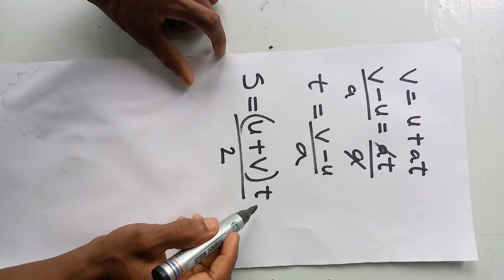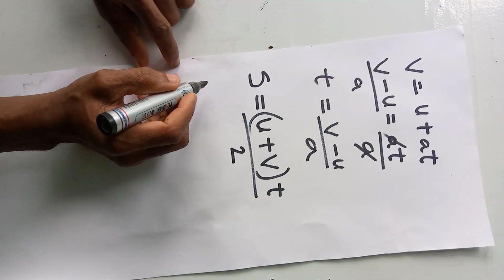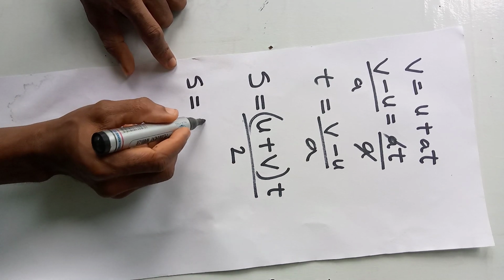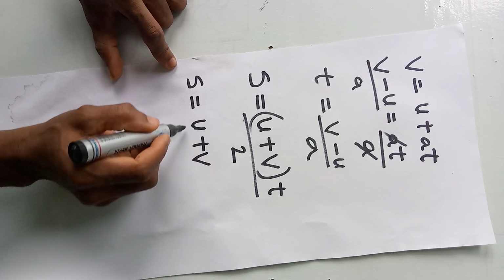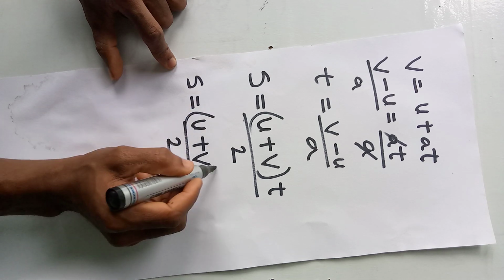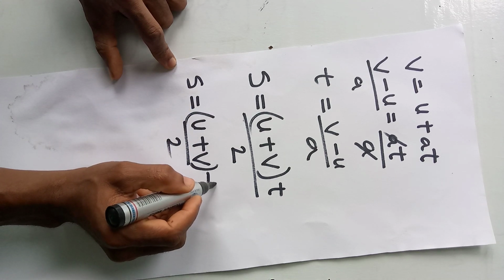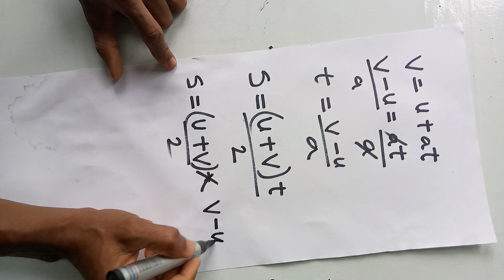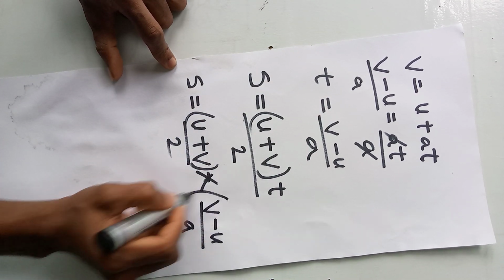Let's substitute T. So S will be equal to U plus V over 2 all multiplied by T, which is V minus U over A.